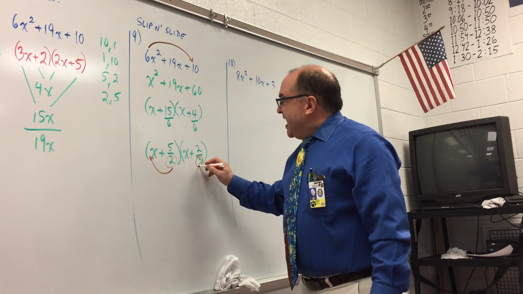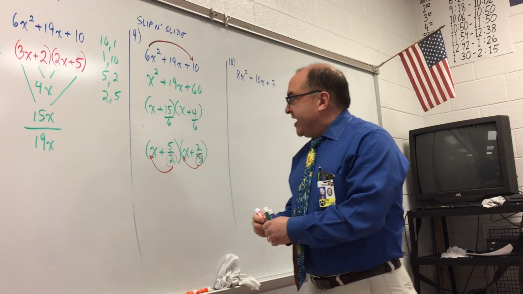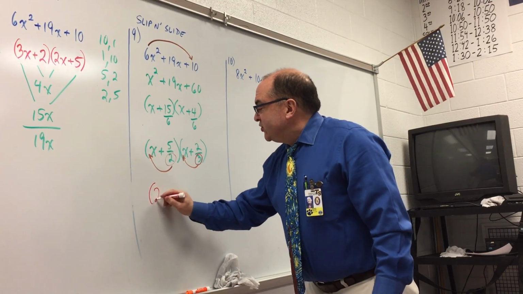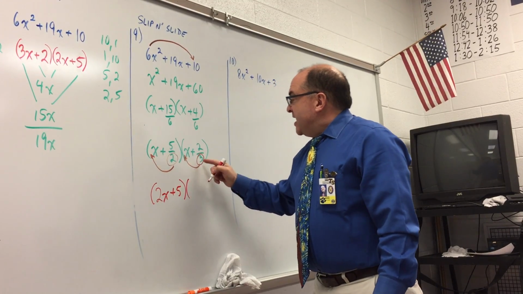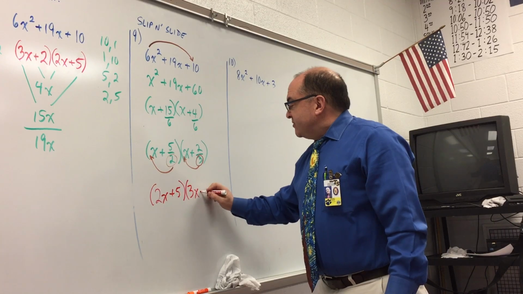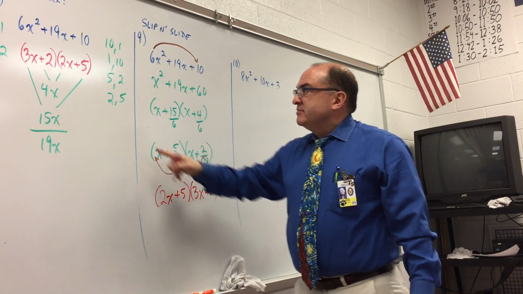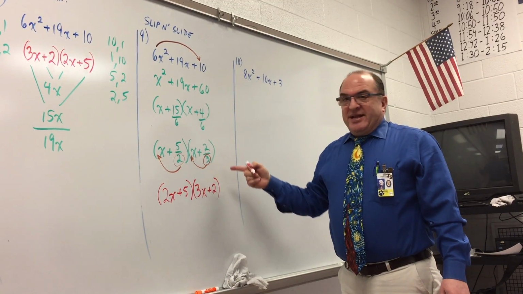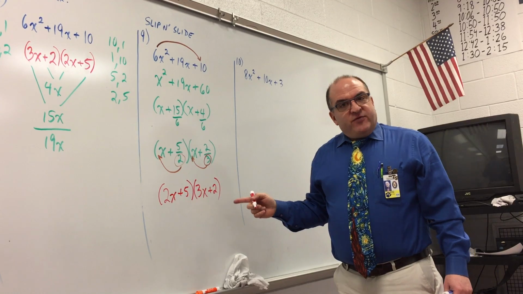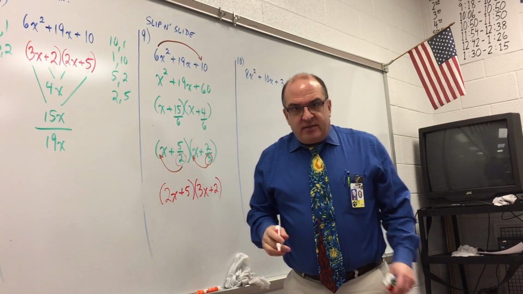Take this guy and slide him back over here. And what have I got? I've got 2x plus 5 times 3x plus 2, which is exactly my same answer here. You might consider this confusing. If you do, don't use it. Stick to this. It's fine.